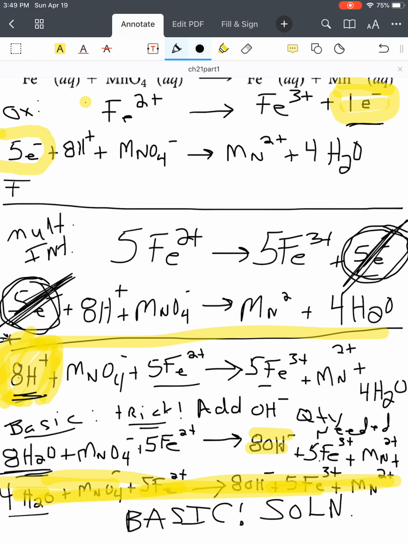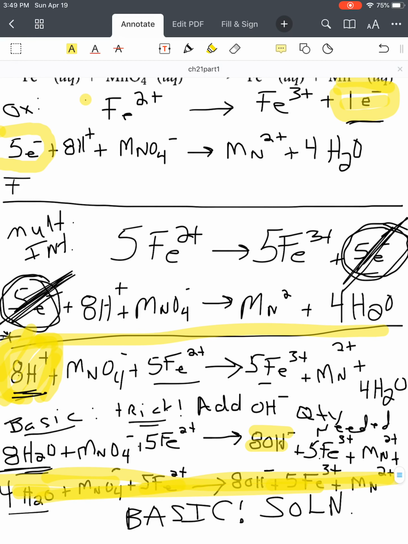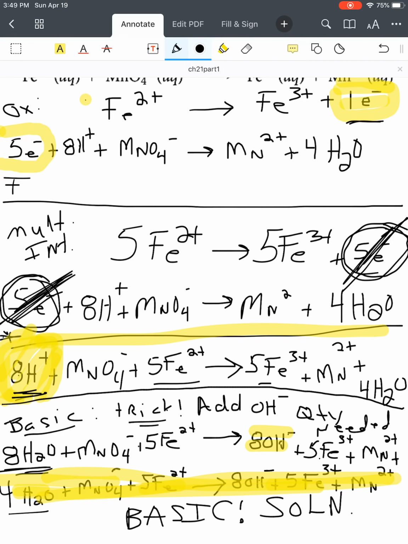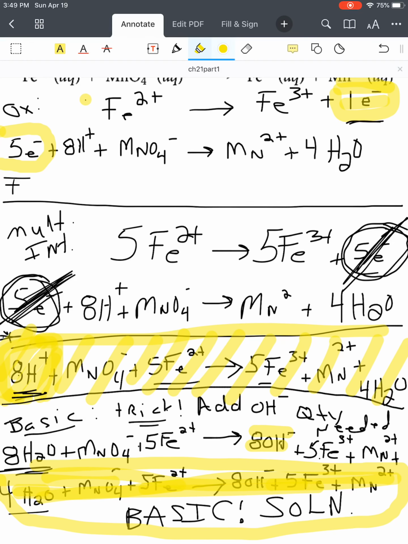So if you're balancing an acidic solution versus basic solution, the answer that you get is going to be different, right? I guess that makes it a little bit tricky. But the answer here would be acceptable for acidic solution. But for basic solution, I need to choose this response down at the bottom, where I get rid of those H pluses, okay?